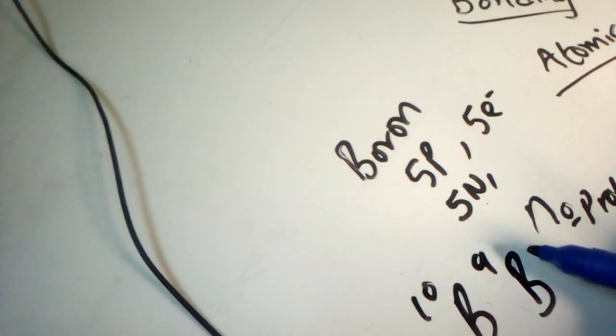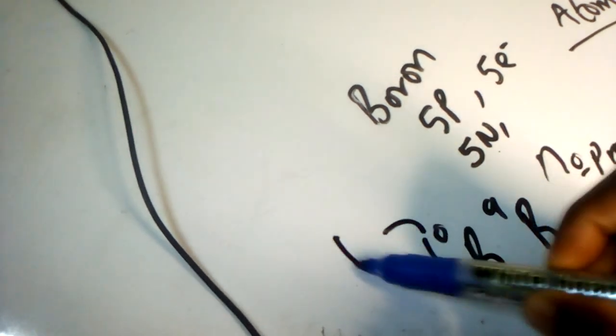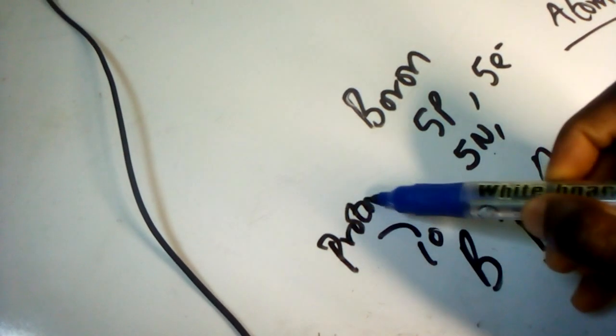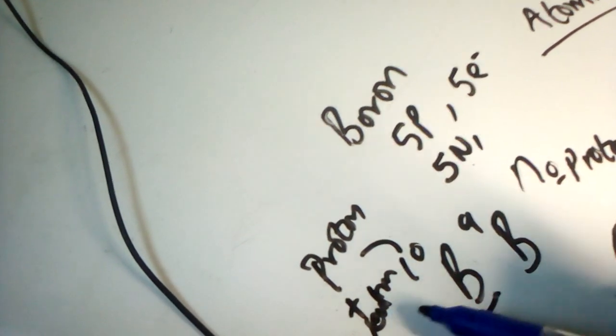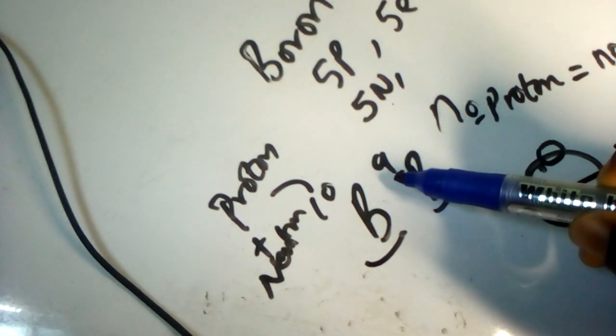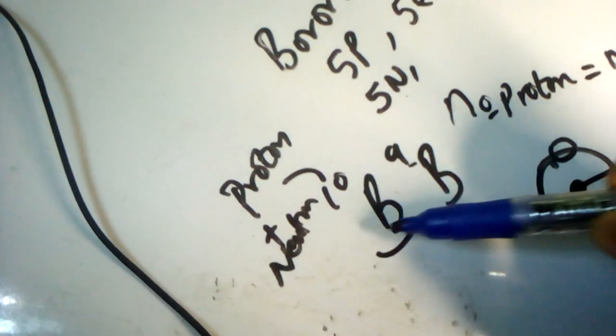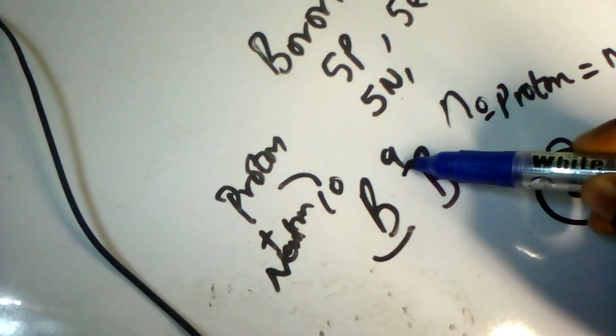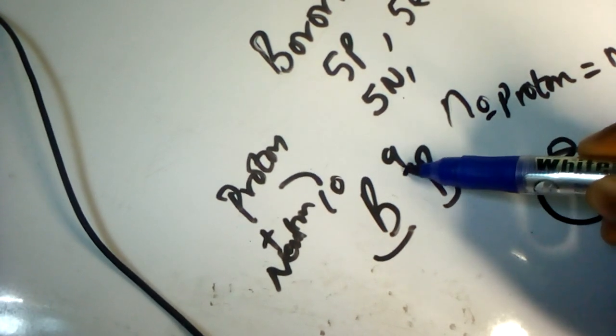So this number I write up here represents the sum of the number of proton plus neutron, so which we call the mass number. So it shows that in this boron atom you have 5 proton, 5 neutron. Here you have 5 proton and 4 neutron.